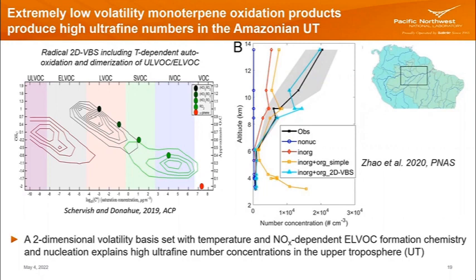And with the right nucleation mechanisms and HOM formation, you can reproduce that high particle number concentration. I'm showing this figure because in the upper troposphere, the model was predicting that about 70% was monoterpene. That is realistic based on measurements of total particle number concentrations, which we have seen before.